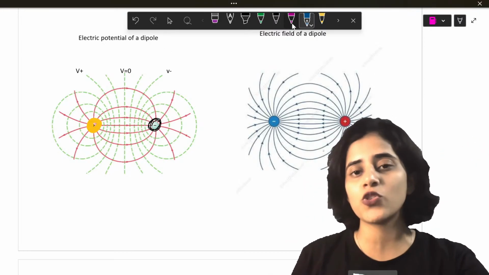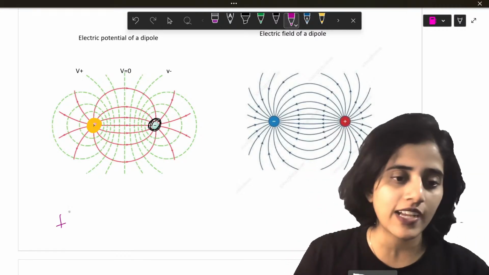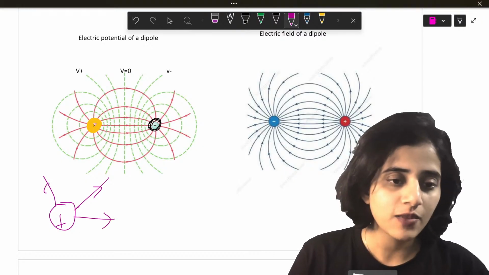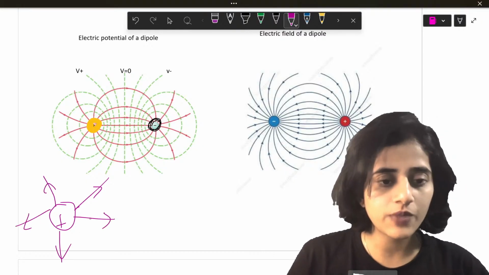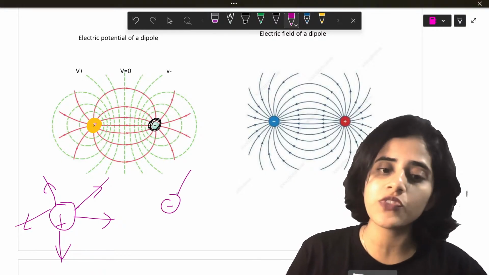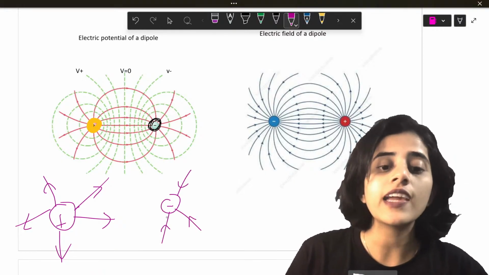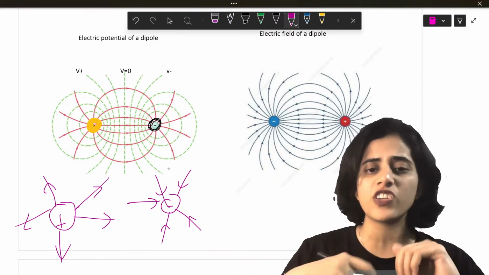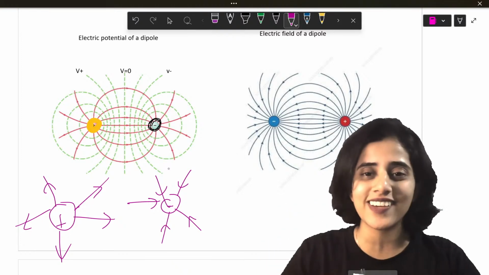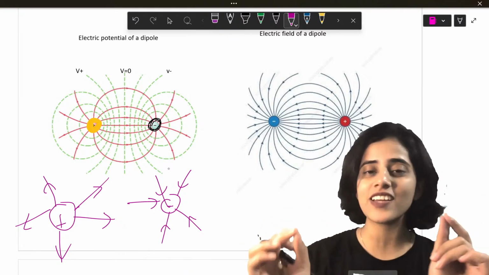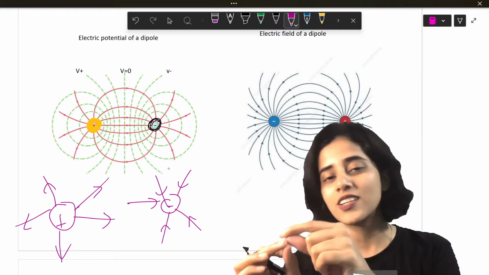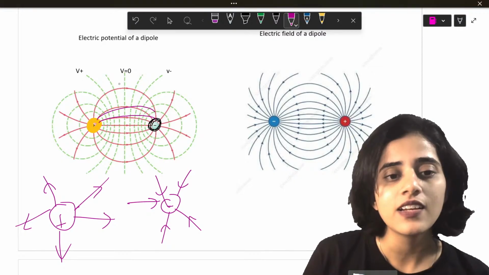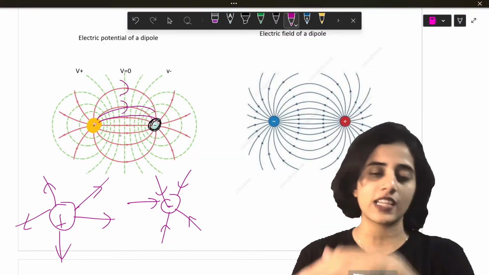Do you remember? Those who have not watched the class, please go watch the class. If you have a negative charge, field lines always move in. Positive field lines move out, negative field lines move in. So what will happen if a positive and a negative come together? If you have positive here and a negative here, from positive, field lines move out and go into the negative. That is what you see here. You see all these field lines go from the positive to the negative.